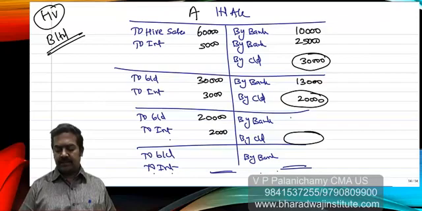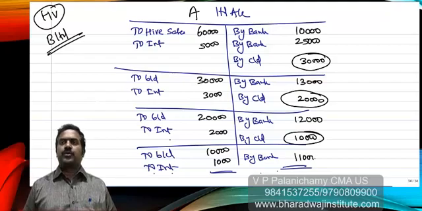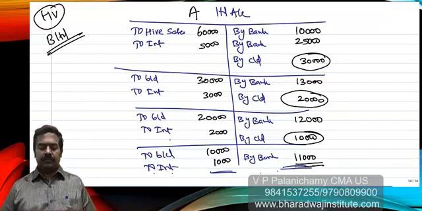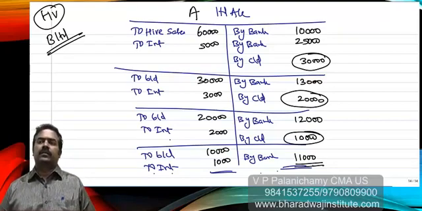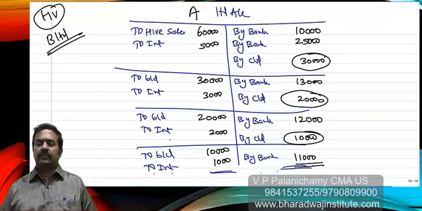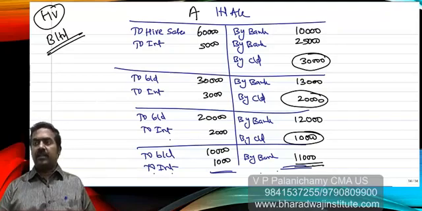What is collected? 10,000 interest 1,000. What is collected? And closed. So this is the answer for question number 3 or 4.